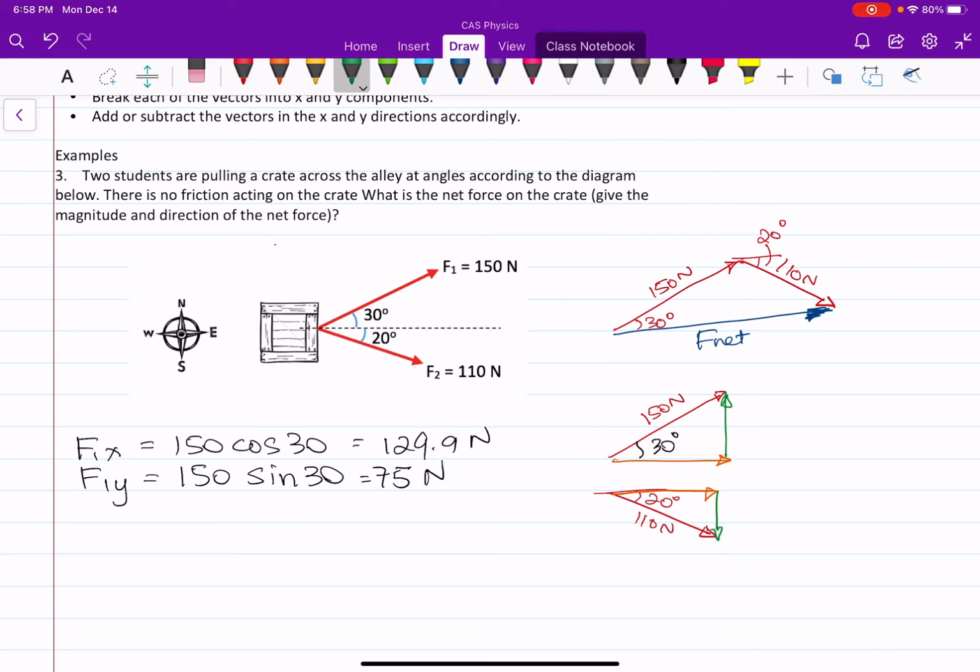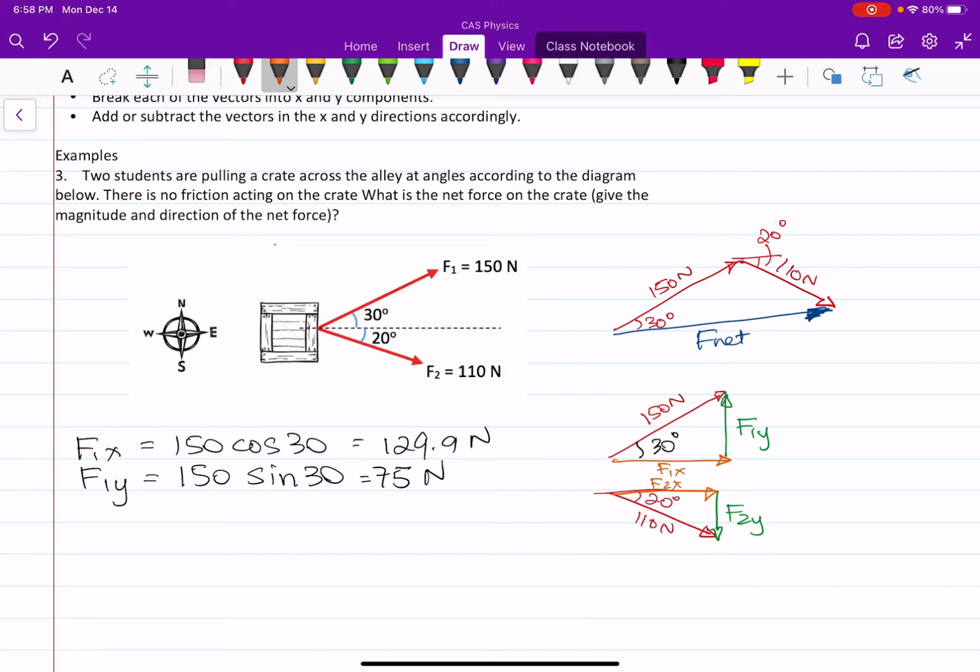You see it's opposite? This is F2y. This is F1y. F1y is pointed up, F2y is pointed down. F1x is pointed to the right, and F2x is pointed right also.